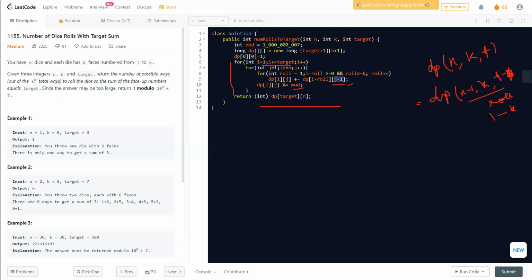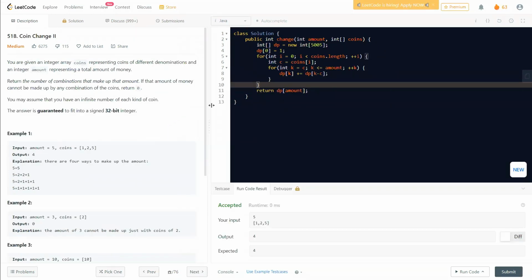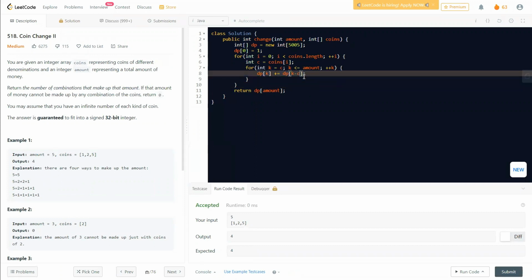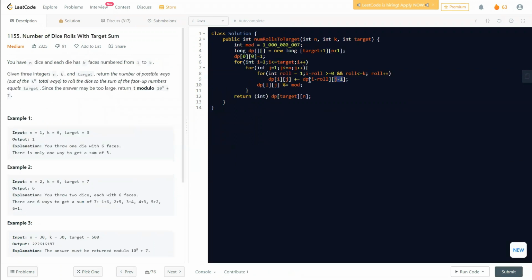Now, as I said, our problem was more or less similar to the previous problem we had. If you look at that previous coin change problem, we had a similar formulation, that is k minus c. So that's the kind of formulation we need to find out. That's what we actually tried to figure out, and that's how we found it.